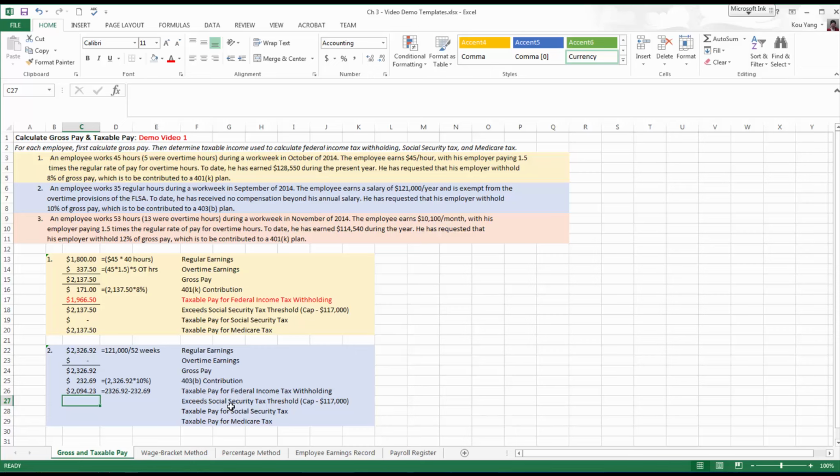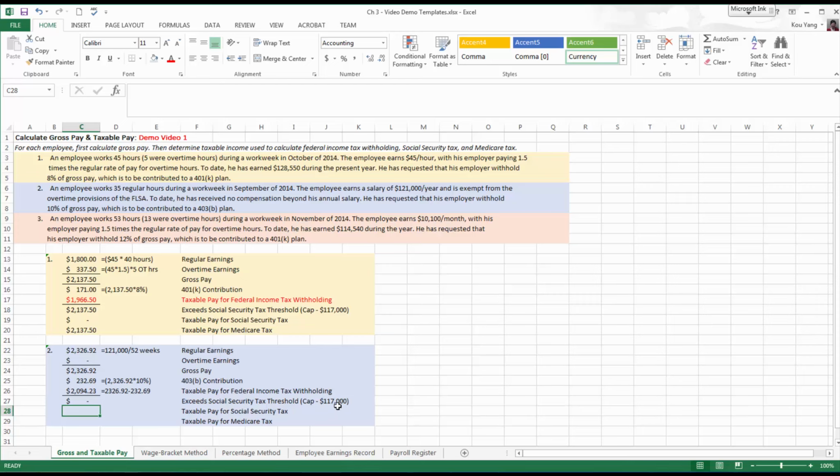Has any amount exceeded the tax threshold? No, it should not exceed it yet, because he gets paid $121,000 per year and we are only in September.